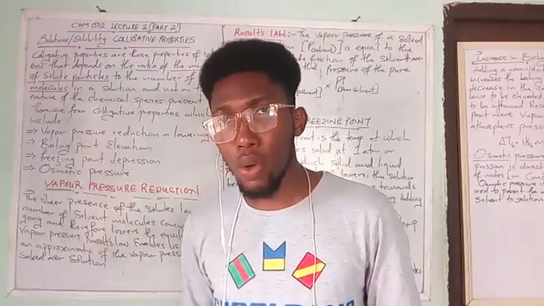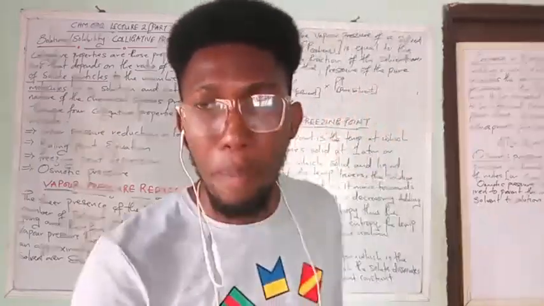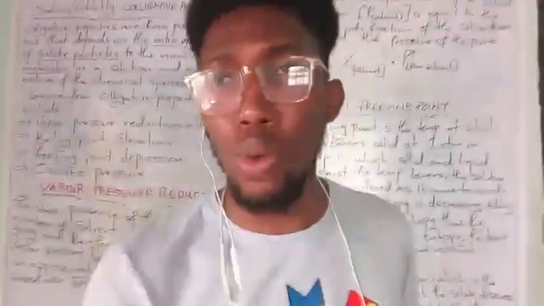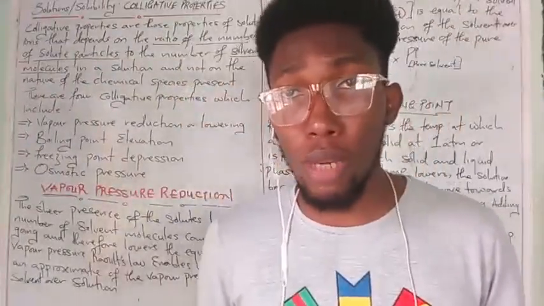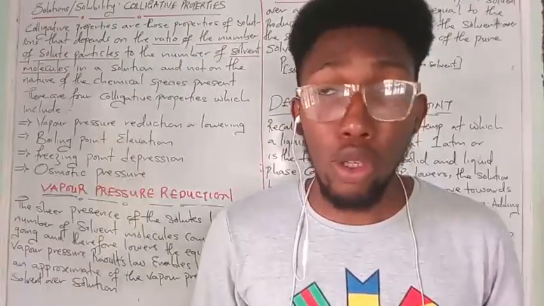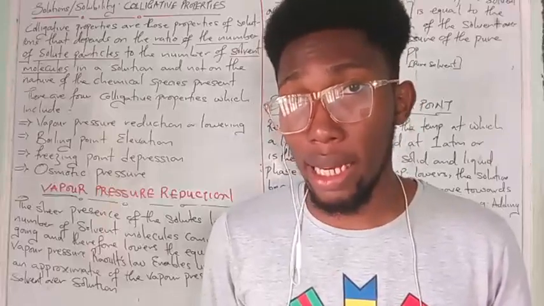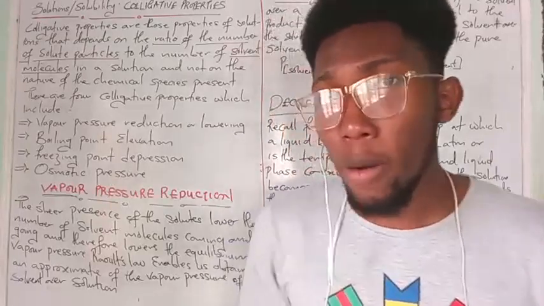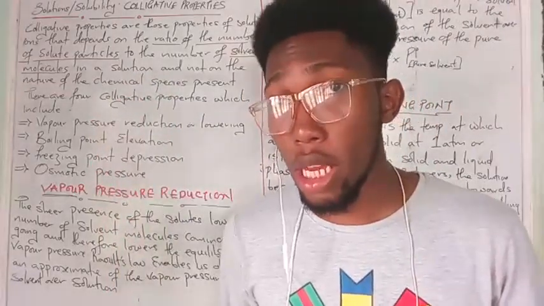So starting from the first colligative property, vapor pressure reduction. Actually, vapor pressure reduction has a lot to do with Raoult's law. Raoult's law is what enables you to approximate the amount of vapor pressure of the solvent over the solution that should be required. So why is vapor pressure reduction a colligative property?